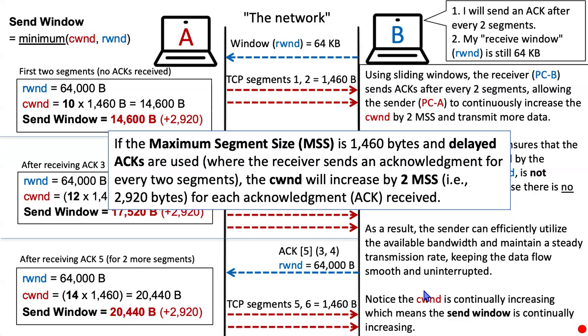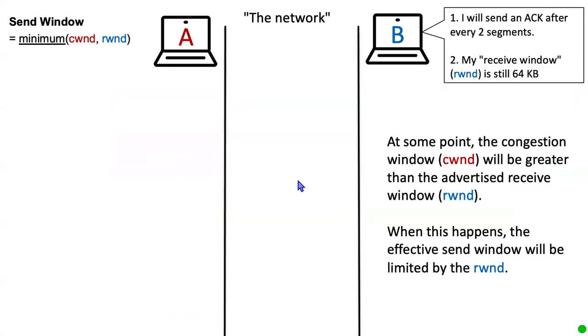So again, the key to this is if the maximum segment size is 1,460 bytes and delayed ACKs are used, that means where the receiver sends an acknowledgement for every 2 segments, the congestion window will increase by 2 maximum segment size, in this case, 2,920 bytes for each ACK received. At some point, the congestion window will be greater than the advertised receive window, right? If we keep on going at this pace.